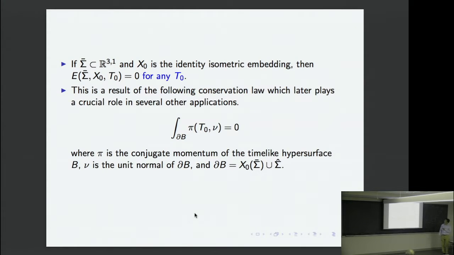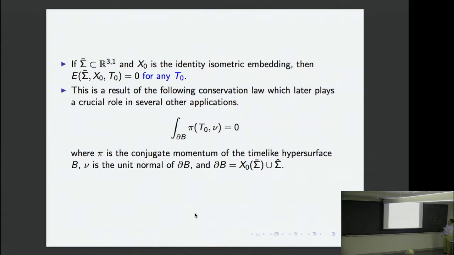And the reason why this is equal to 0 is actually the following, a very simple conservation law. Okay. So if we take this hypersurface, this is a timelike hypersurface here, and let's call it B. Okay.